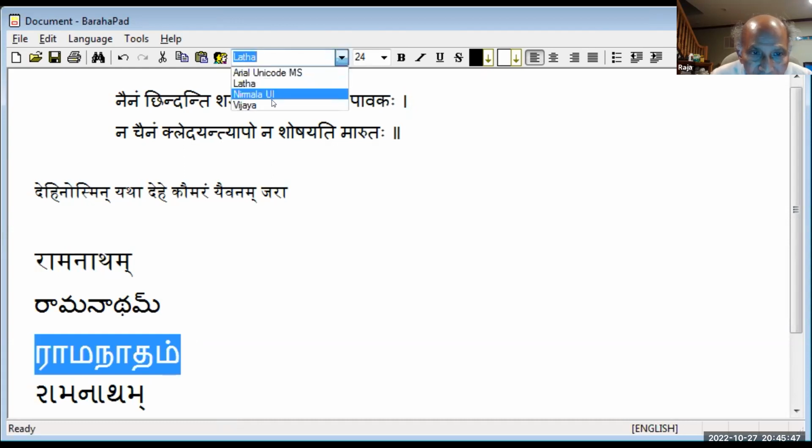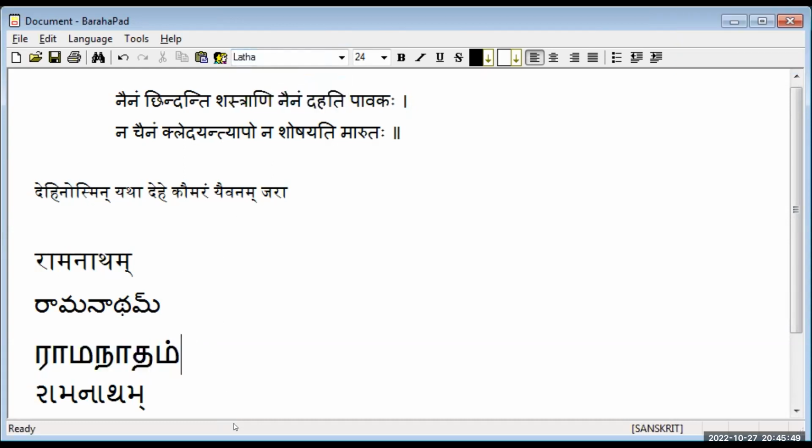And I have another font, sir, here. Sir, can I share my screen real quick? Yes, but you tell me the problem. So I have both of these. Basically, when I right click, I'm not able to see the option that you told me.